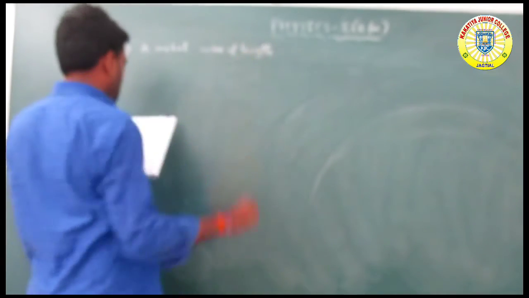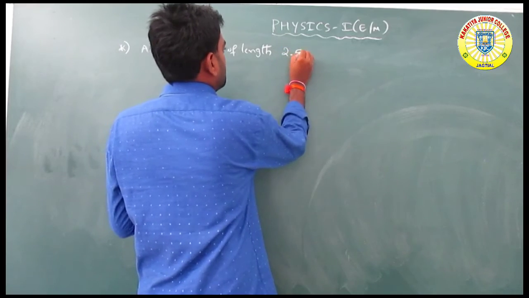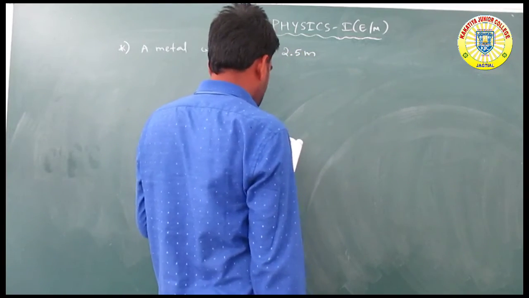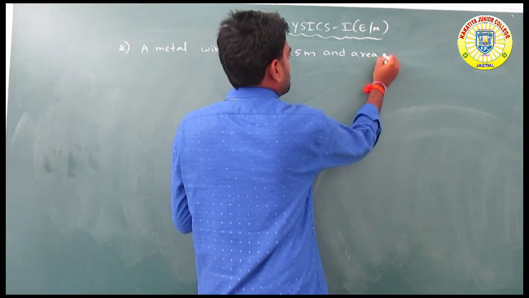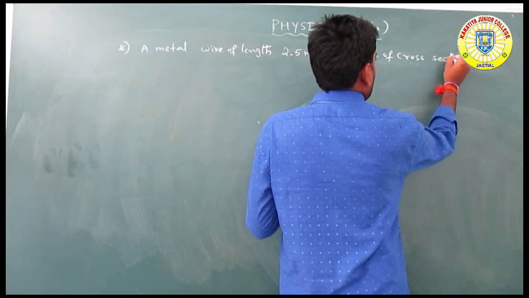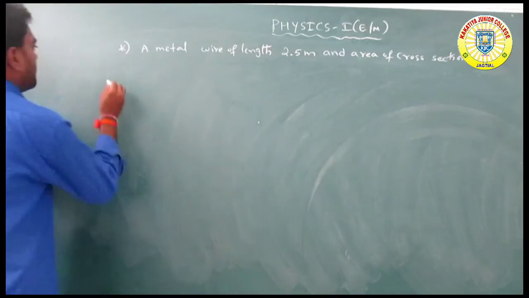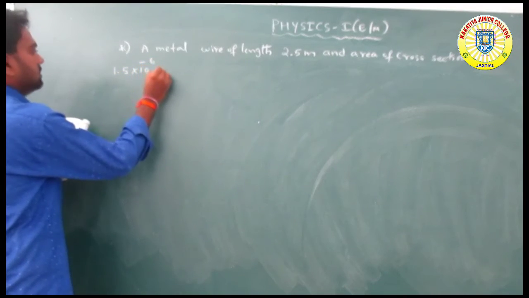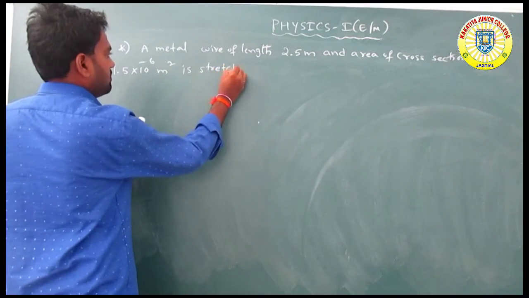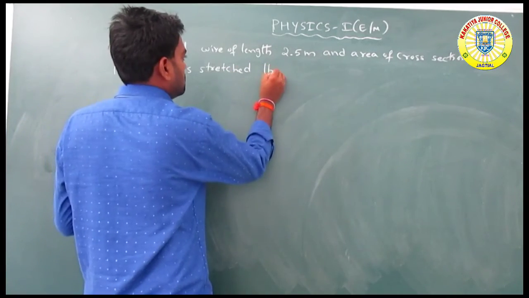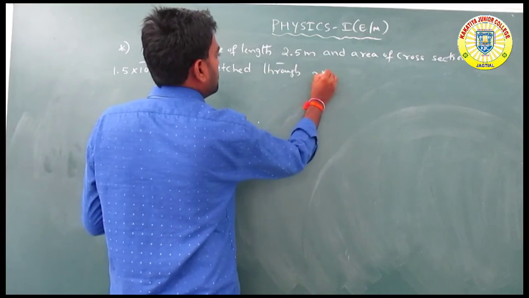A metal wire of length 2.5 meters and area of cross section 1.5 × 10^-6 meters squared is stretched through 2 mm.